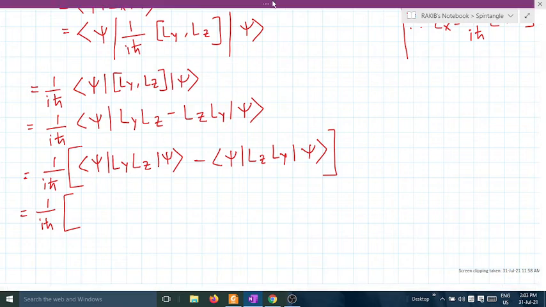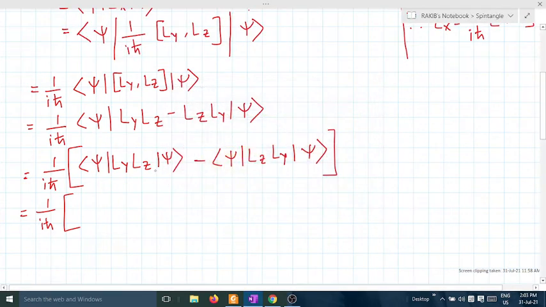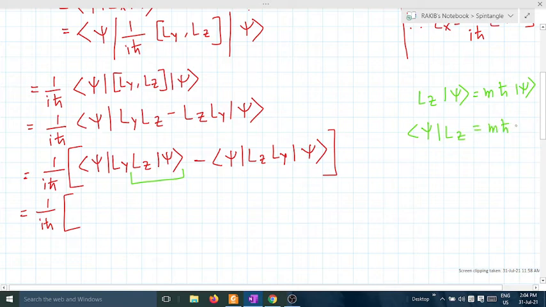This is the ket formulation, and taking its bra formulation, we can write psi Lz is equal to m h cut times the bra psi.